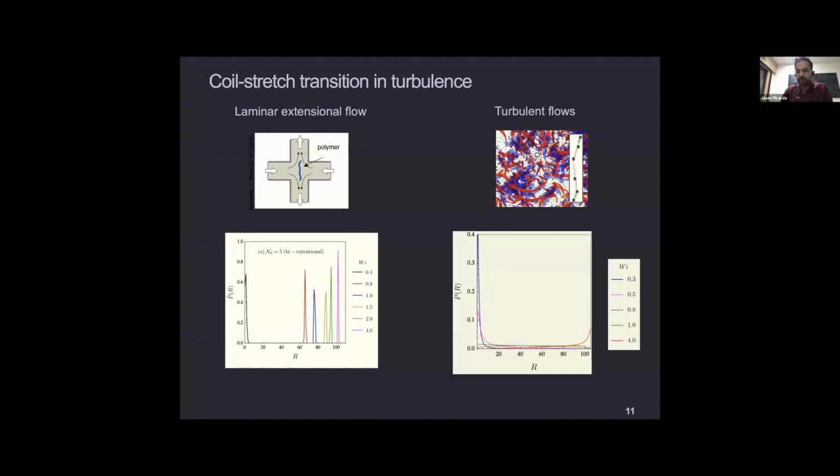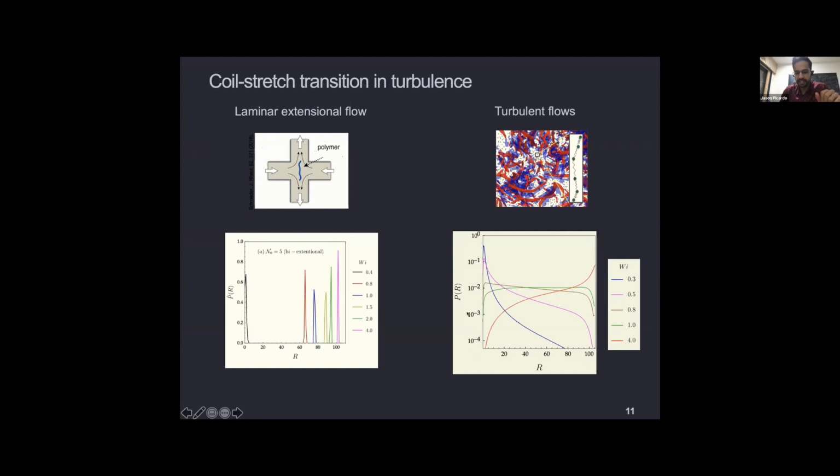But in a turbulent flow, because of the chaotic nature of the strain rate that is experienced, you see a dramatically different kind of stretching behavior. The PDF becomes much broader as it undergoes the coil-stretch transition. For us, the critical Weissenberg number of the transition is 0.5 based on our definition. This is on a linear scale.